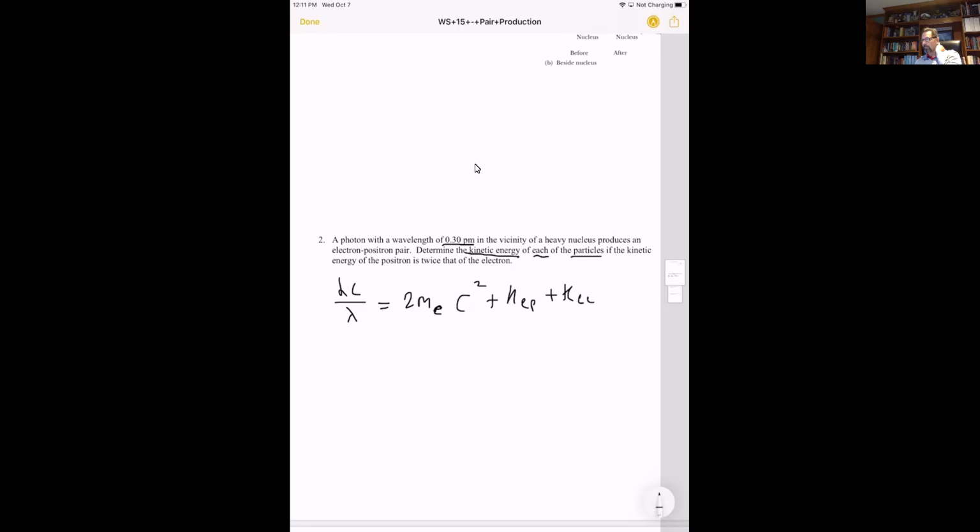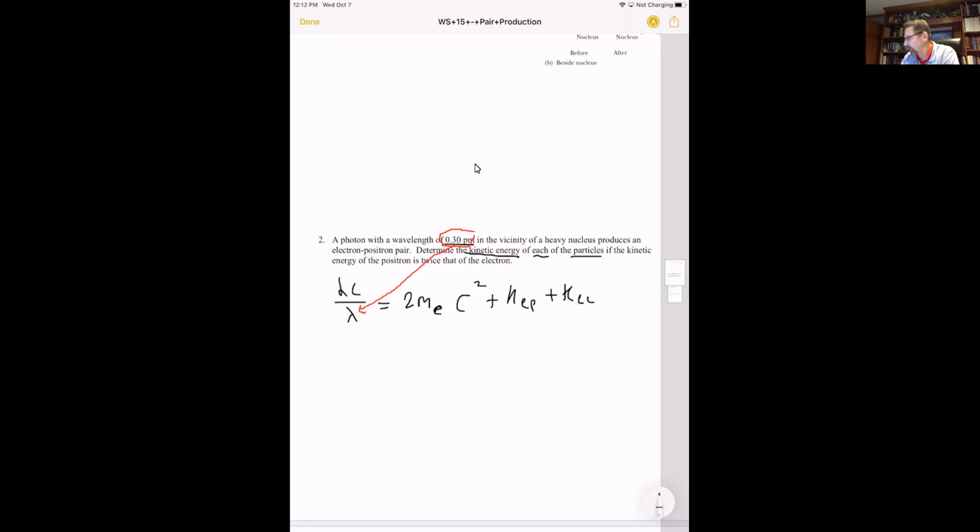Absolutely. Now, the sum of the rest mass energies is obviously 1.022 MeV, mc squared. Yep. And hc over lambda will just be 239. Yeah, use that number right there.